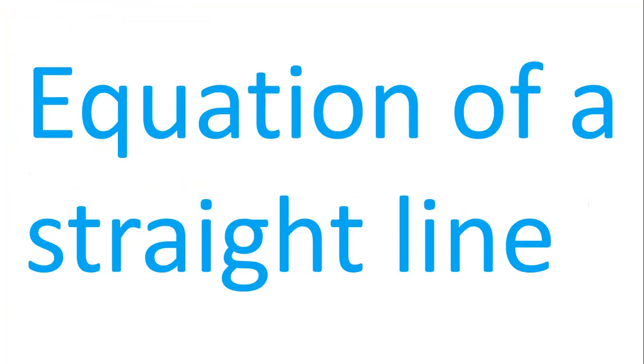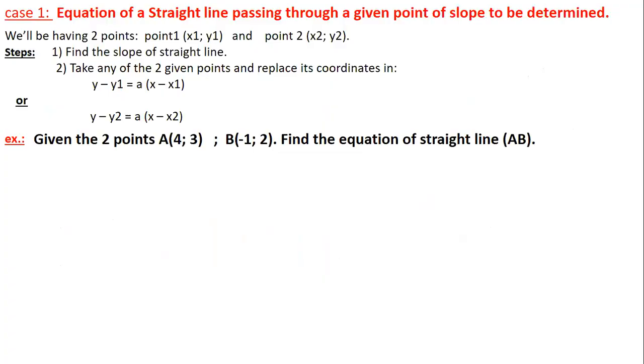Here we have three positions, or we have three cases. According to the question, of course, I choose the case. So now what we are going to learn is how to write an equation of a straight line.